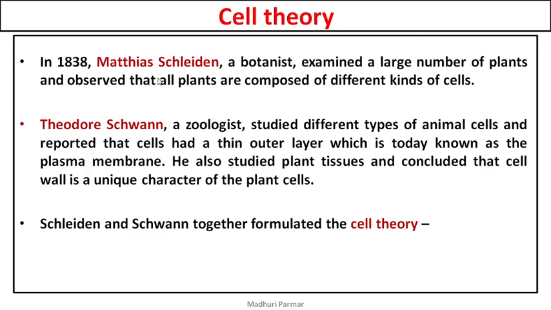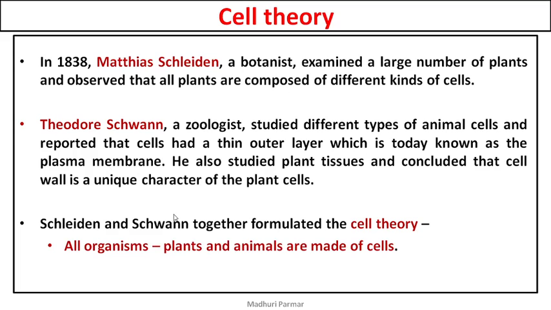Together, Matthias Schleiden and Theodor Schwann gave the cell theory. The cell theory means that all organisms, plants and animals, are made up of cells. Because they looked at a lot of plants and a lot of animals, and they found that all of them were made up of cells.